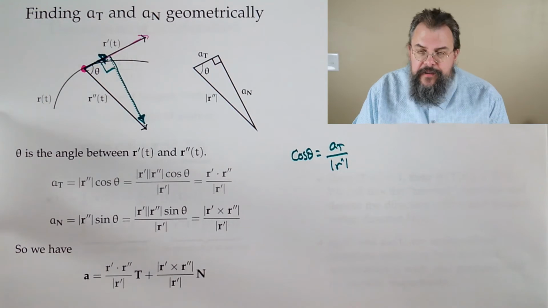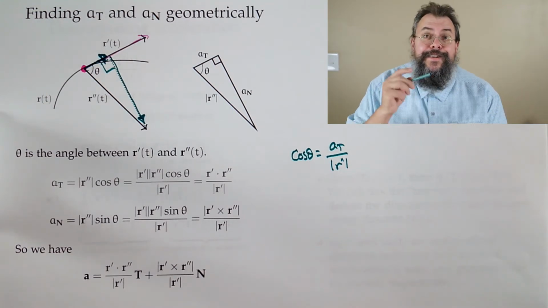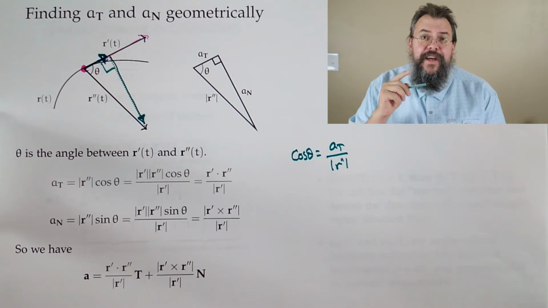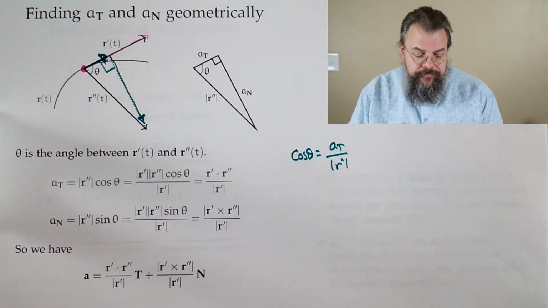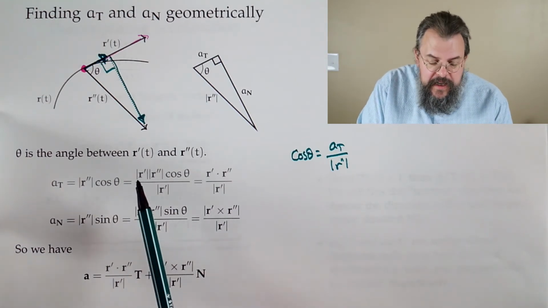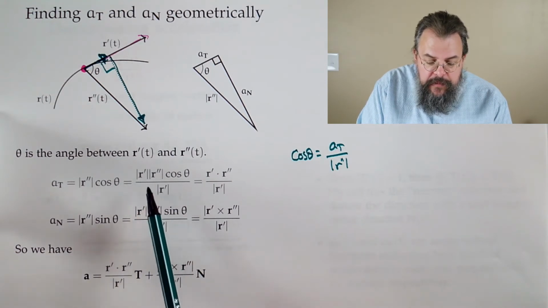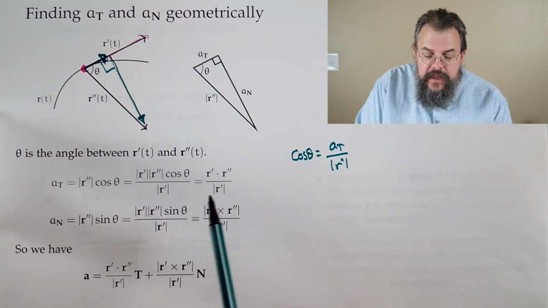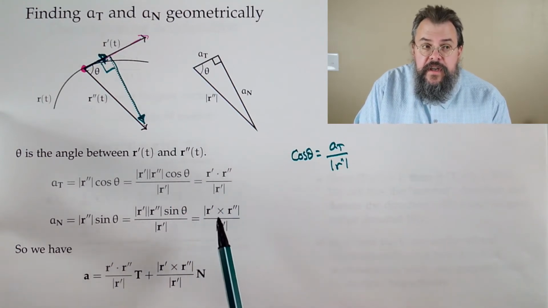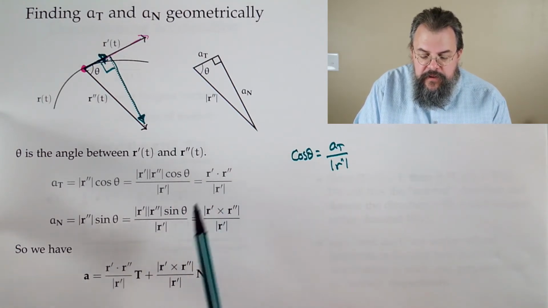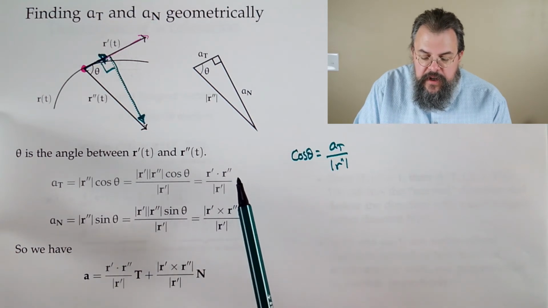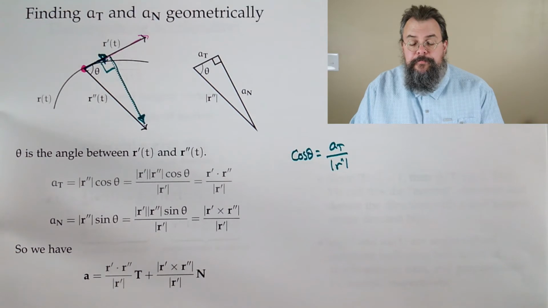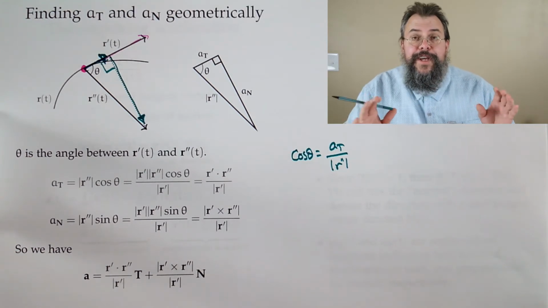And we say, boy, that sounds really familiar. It's almost like the dot product, right? Except the dot product has a little bit extra. So if you added in the magnitude of r prime, and we can do it by putting in both top and bottom, we say, aha, that's the dot product upstairs, and the magnitude of r prime goes downstairs. So r prime dot r double prime divided by the magnitude of r prime. All right, that's a sub t.